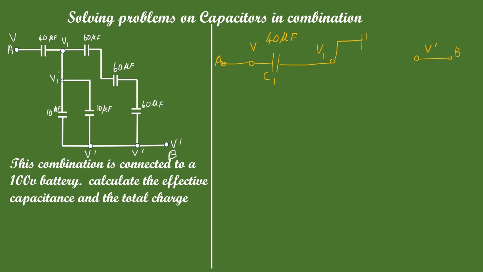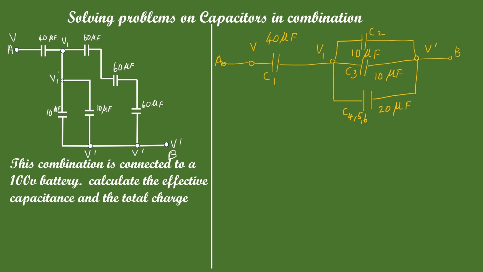Between V1 and V dash we have to show three capacitors now. Capacitor C2 and capacitor C3 with capacitance 10 microfarad each. Then one more capacitor equivalent to C4, C5 and C6 with equivalent capacitance 20 microfarad.